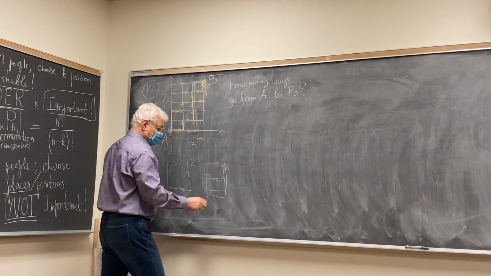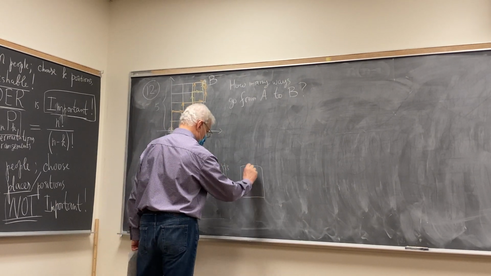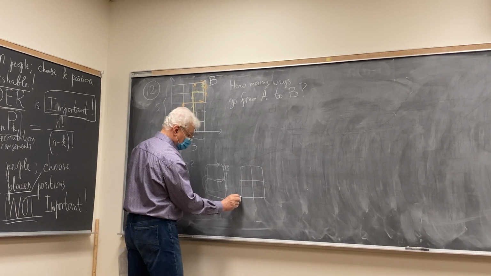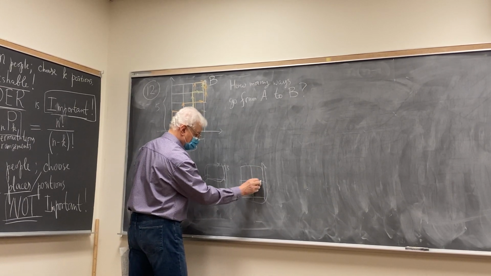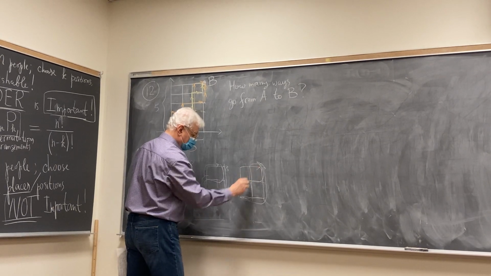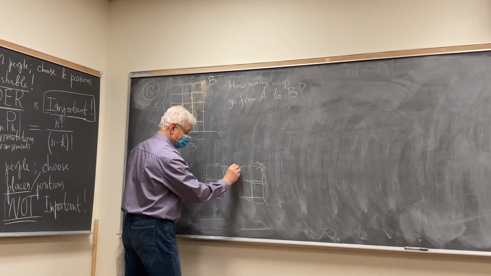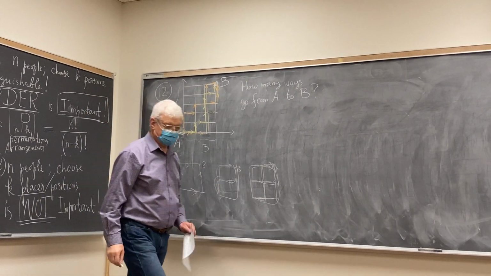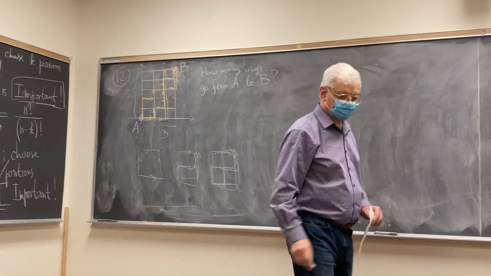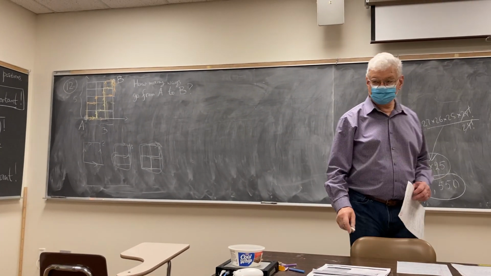It's three. But what if I cut like that? Now it will be more. I have one way, this way, that way, this way, this, okay, too many. Even for this particular case, it will be very tough to draw all of them and not make a mistake.